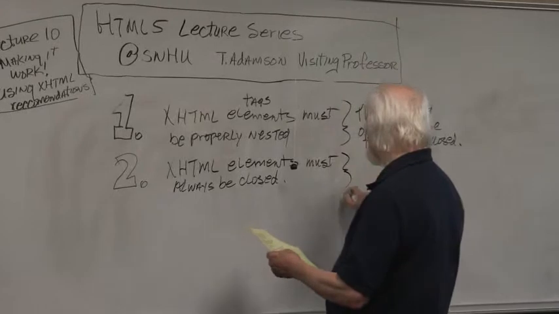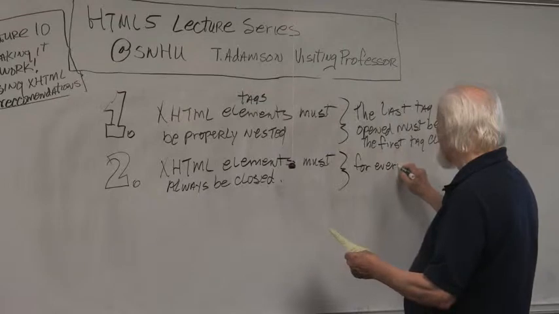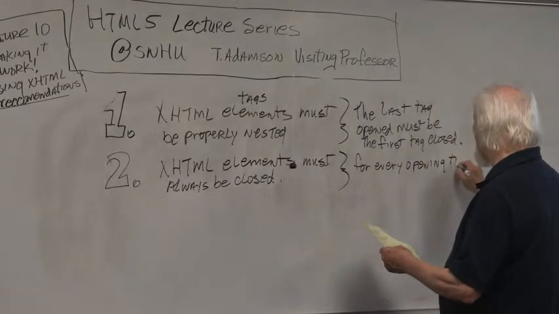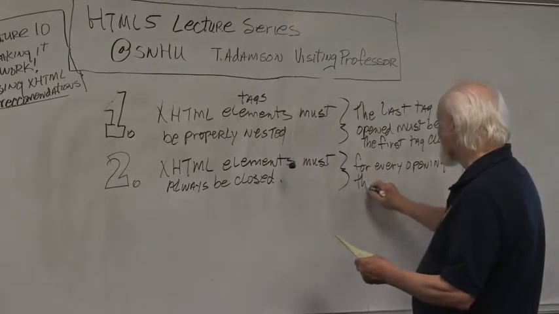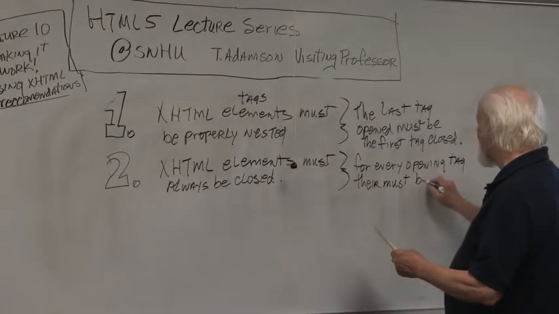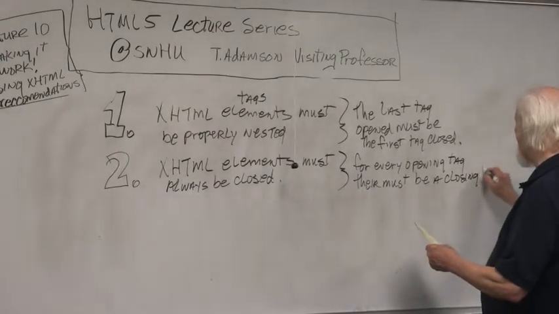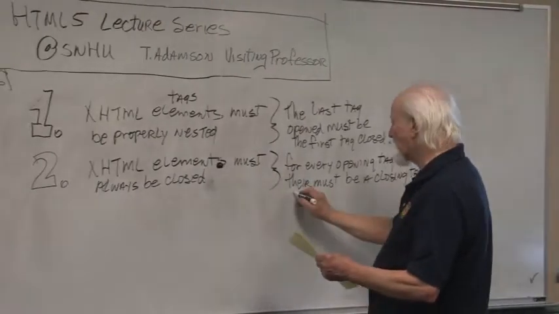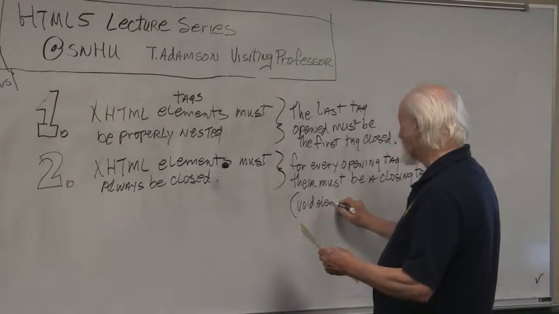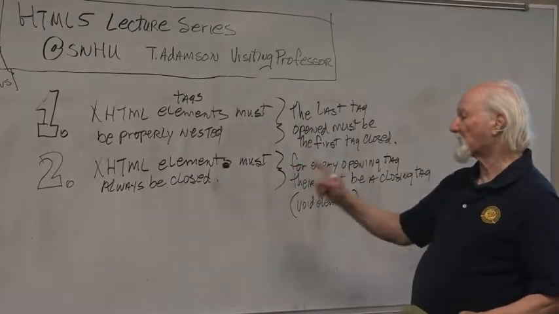And what this means is for every opening tag there must be a closing tag. And the exception is a void element. And we'll discuss that exception. So XHTML elements must be properly closed.